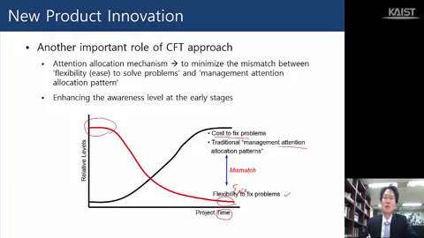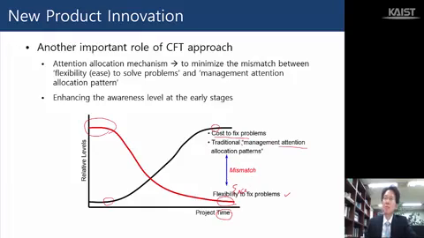The cost is relatively low in the early period, and then the cost is very expensive toward the end of this project, and that's consistent with this ease or flexibility to fix the problem.